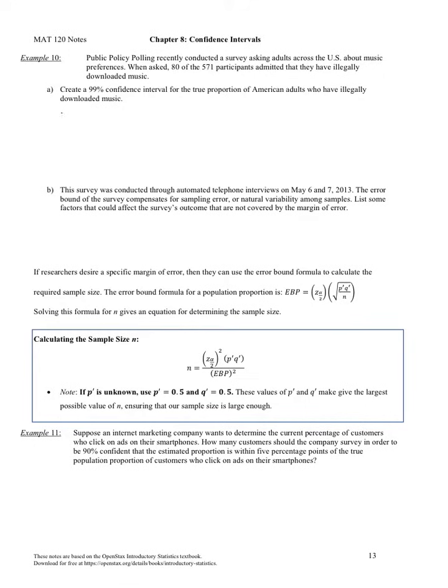In this case, our p prime, the number who admitted downloading illegally over our total participants, is about 0.14, which means our q prime will be the complement of that.